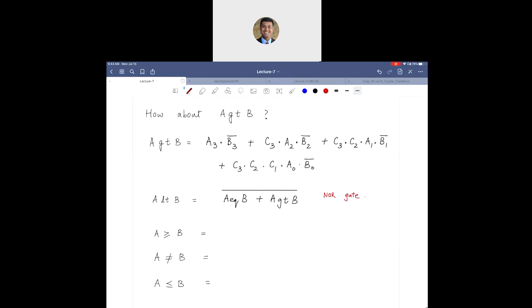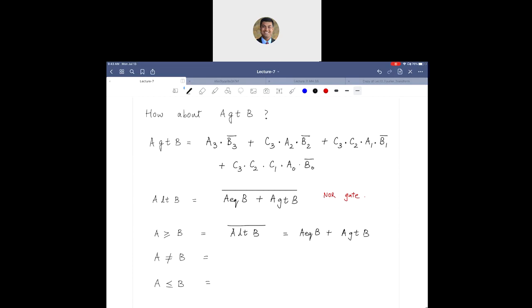So let's talk about A greater than or equal to B. Well, A greater than or equal to B is simply going to be A less than B complement, right? Which is simply A equal to B or A greater than B.